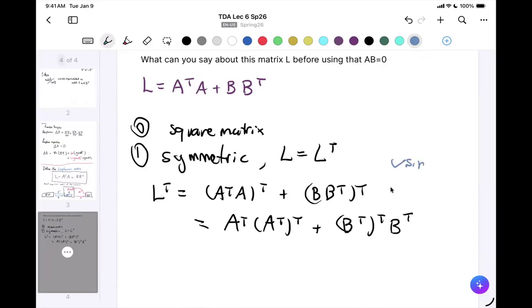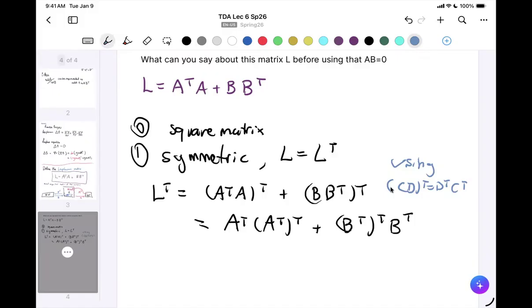I'll use two different letters so that it's not too confusing. The CD transpose is D transpose times C transpose, right? So you flip the factors and you transpose each. So let's say I did it correctly. Flip the factors, so A goes to the first factor, A transpose, transpose, okay?